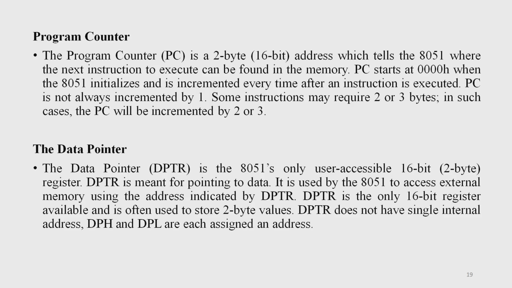The data pointer is the only 16-bit register available, and it is also used to store 2-byte values, which are segregated as DPH and DPL, that is the data pointer higher order byte and data pointer lower order byte. As a 16-bit register, DPTR does not have a single internal address, but as in the case of two 8-bit registers, DPH and DPL are each assigned an address.